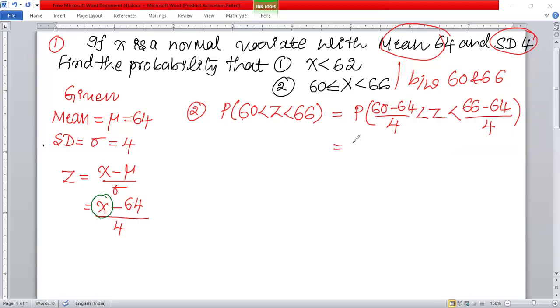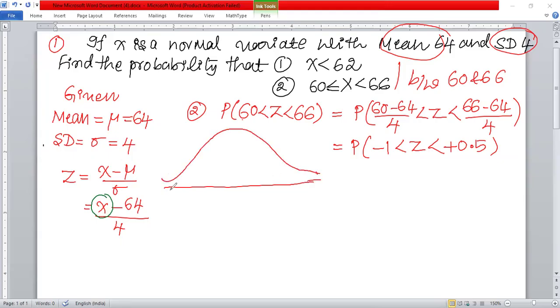So that is probability minus 4 by 4, which is minus 1, less than Z less than 2 by 4, which is plus 0.5. Yes, guys, we got two values here, minus 1 and plus 0.5. So draw a bell-shaped curve.